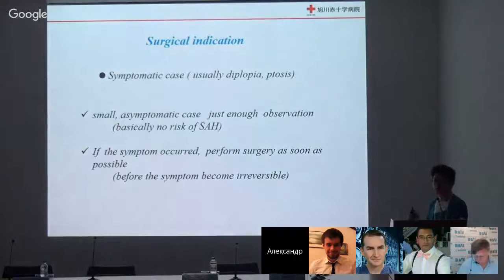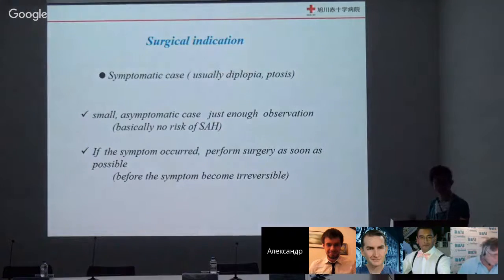Surgical indication is only symptomatic cases, usually presenting with eye problems, diplopia, ptosis, sometimes facial pain because of fifth nerve compression. Small asymptomatic cases do not need treatment; conservative management is enough.